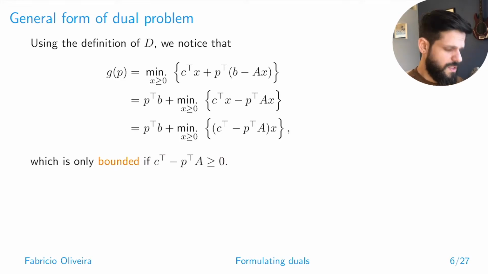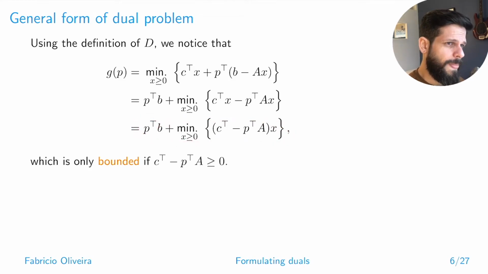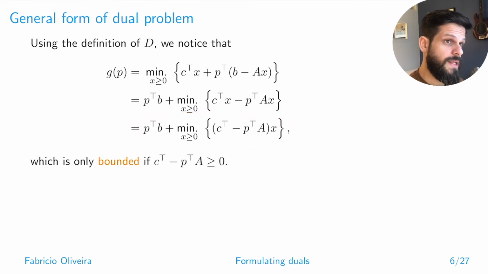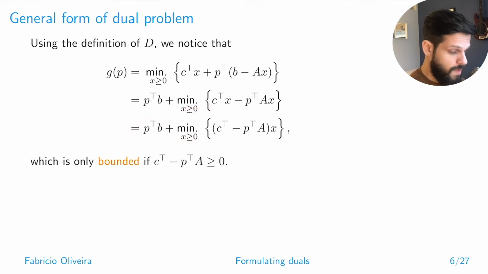And because this condition is basically everything I need from this inner part, I can get rid of this X minimization to some extent, or in other words, pose the dual problem itself as a linear program. I'm trying to find a P that maximizes this thing, and the way to do that is guaranteeing that this term will not be negative, because otherwise this is unbounded.